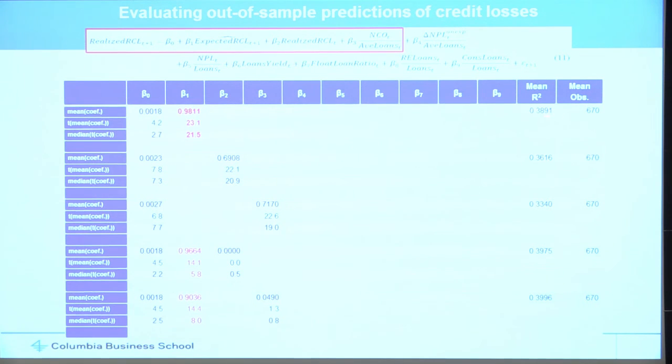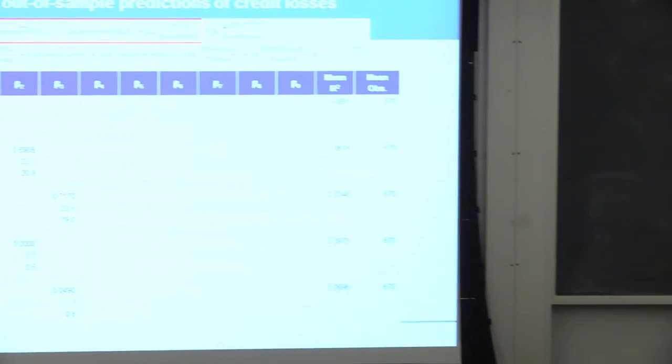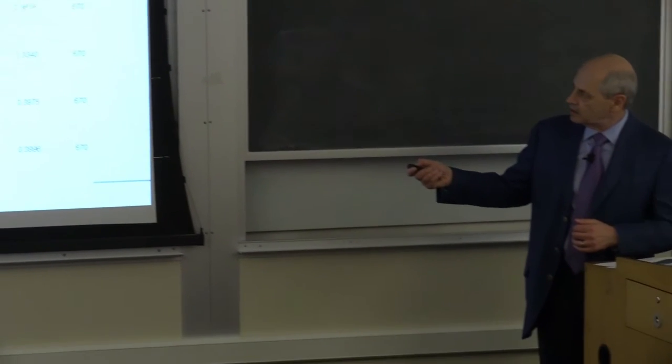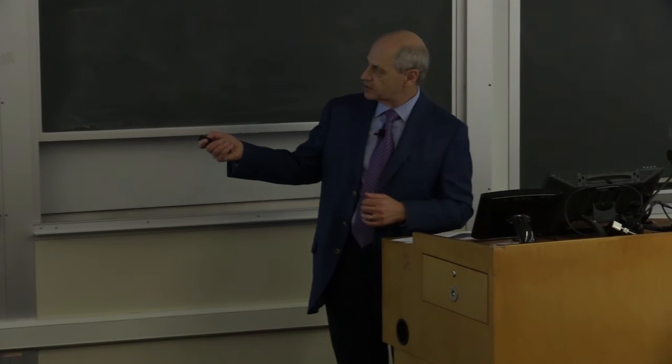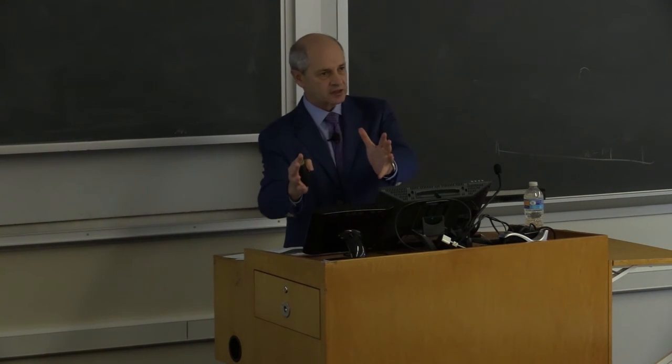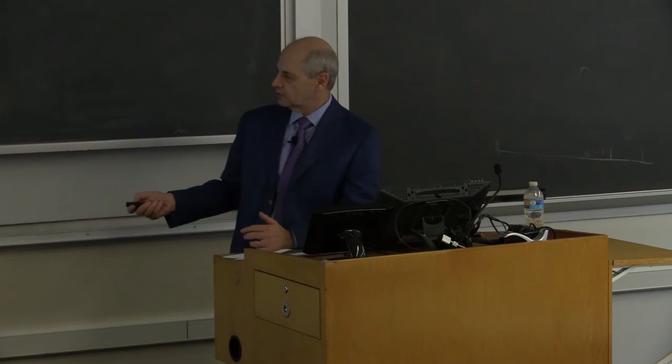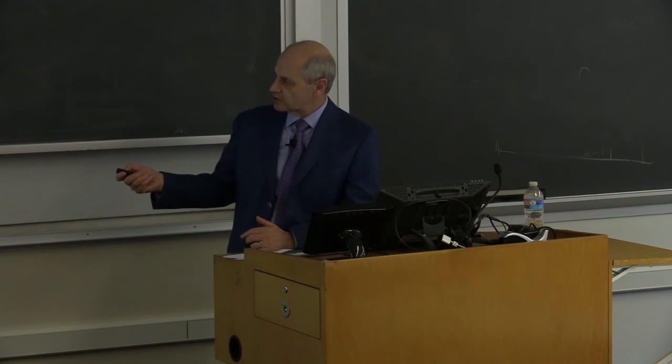Both in terms of its explanatory power and the power of these coefficients, it does better than the realized rate of credit losses itself and the net charge-offs on their own. And when you combine those publicly disclosed measures with our measure, we in fact explain virtually all of it, especially for the realized rate of credit losses. So that's very comforting as a starting point.